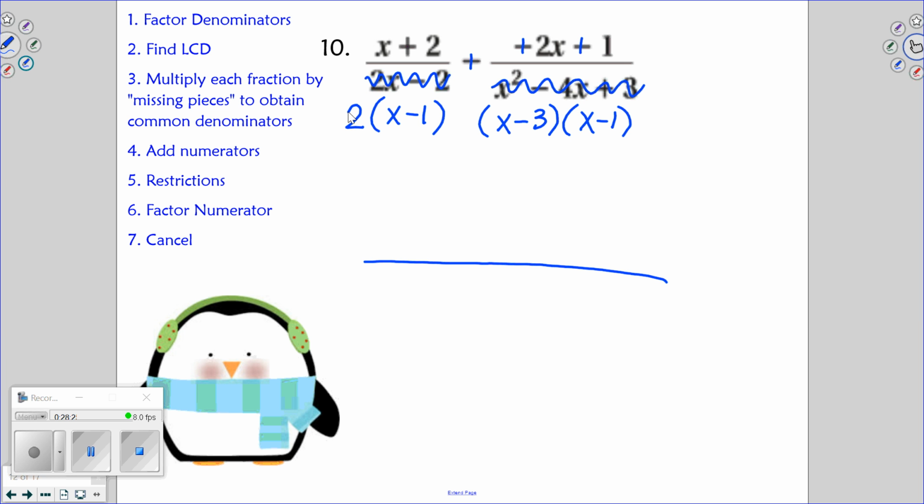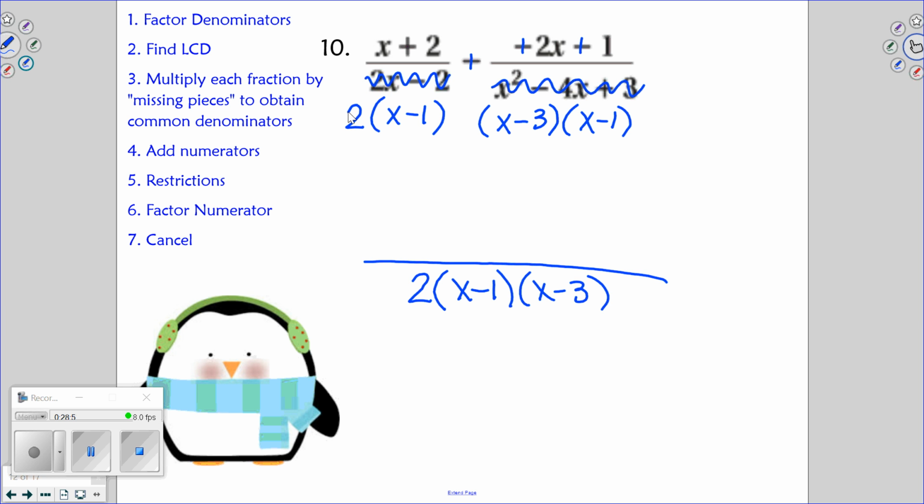All right. So what is my LCD here? No, don't change signs. I literally am going to work across my denominators. If there was an x minus 5 in here, I would need that.